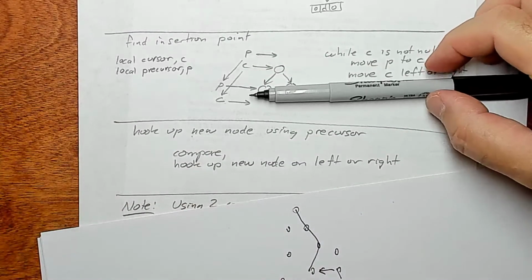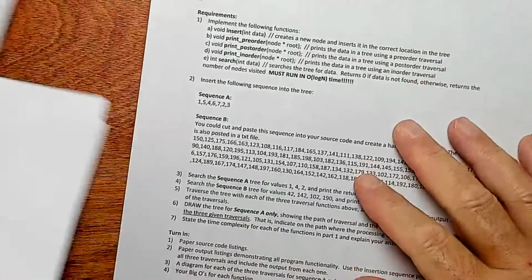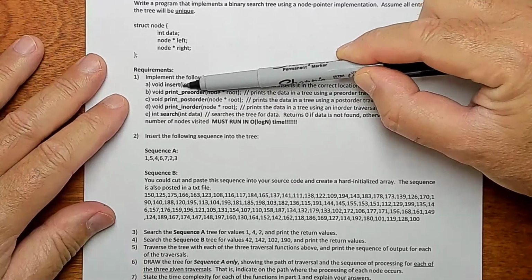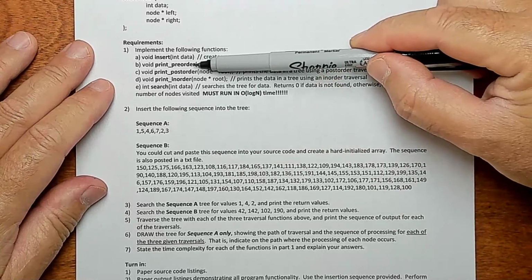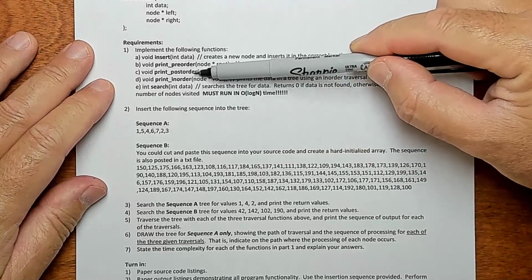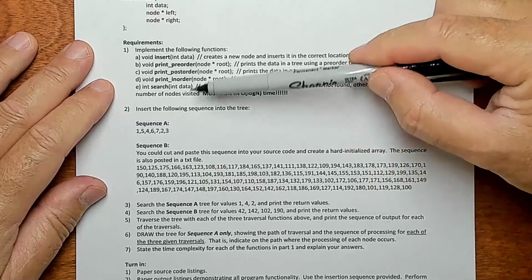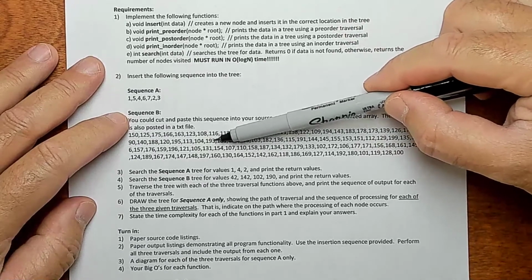Let me check. Yeah, that's about it. So basically you have to write this insert function and then use that to build a couple of trees, and then get your traverse functions to print the trees out. This is going to be a big long list, a lot of output for the big one.